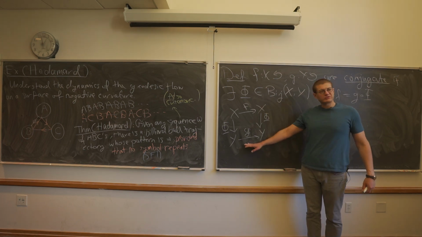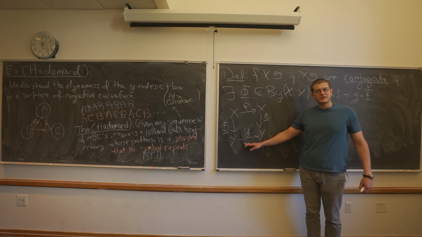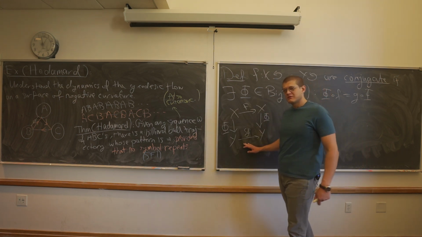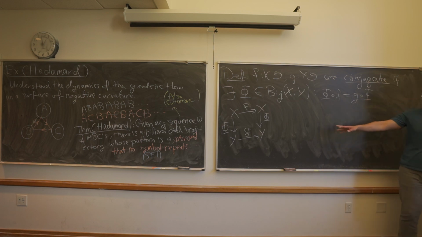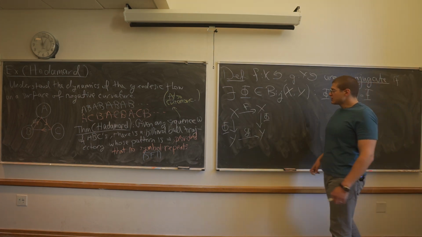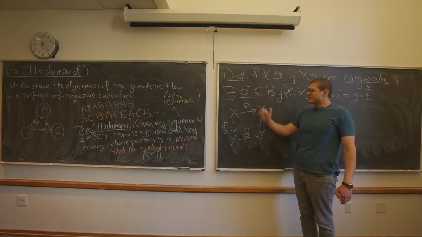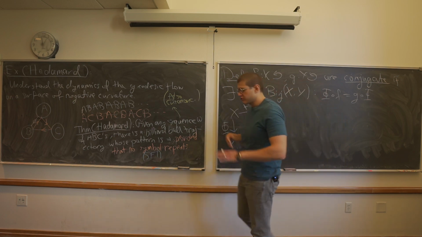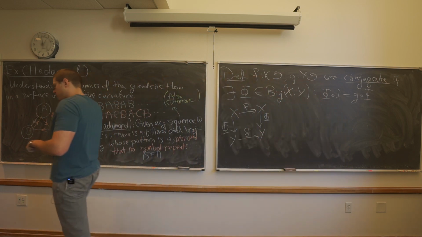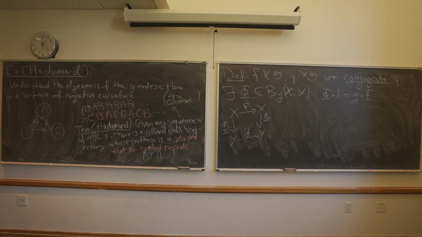How many of you have seen something like this before? Maybe in linear algebra you saw this notion of a similarity, or two matrices being similar, the spectral theorem, all that stuff. This is basically the same idea. You want to think of this phi as a coordinate change. In linear algebra, for instance, if I have a symmetric matrix, then up to an orthogonal coordinate change, that symmetric matrix is actually diagonal. It's the same idea.